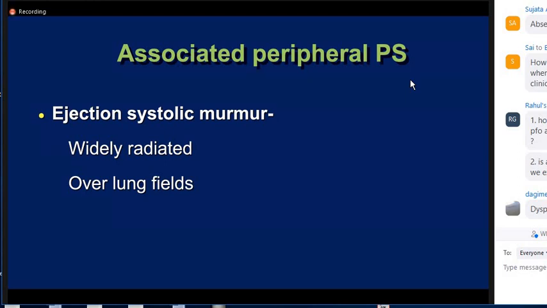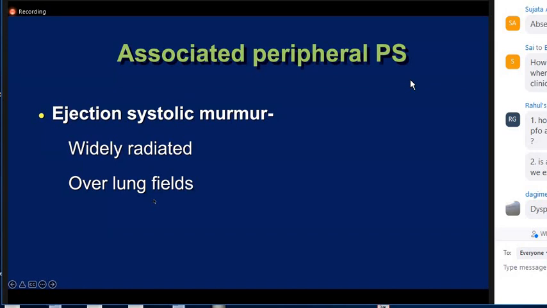In the presence of PAPVR it is not 25%, it is 33%, because the gradient from the pulmonary vein to the systemic vein is high compared to the pulmonary vein draining to the left atrium.